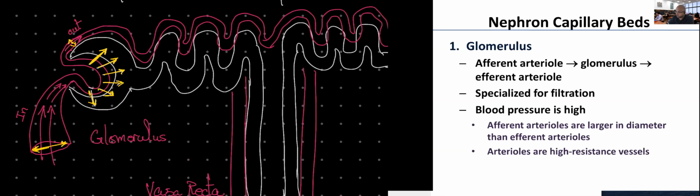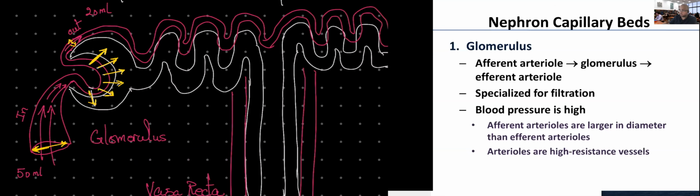And this means that the difference between what I'm getting in and what I'm moving out is going to be filtered into the Bowman's capsule. So if this is the afferent arteriole, let's say I am bringing in 50 milliliters, and here I'm draining out only 20 milliliters.